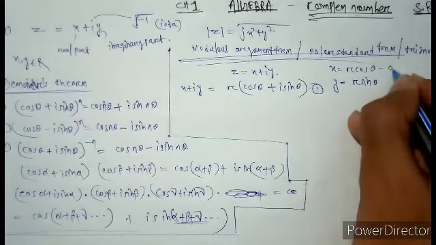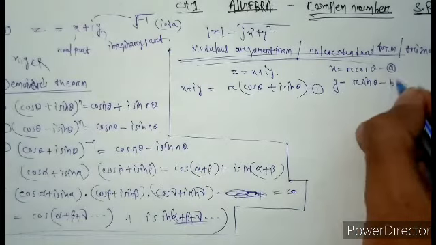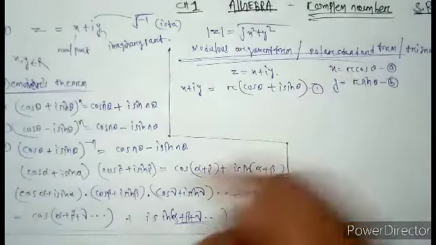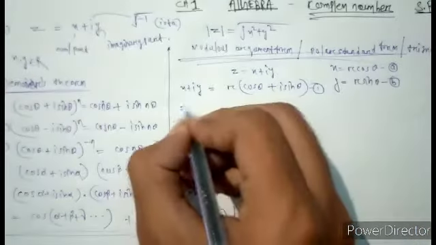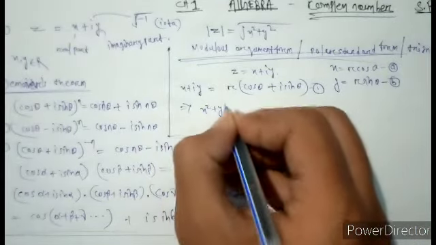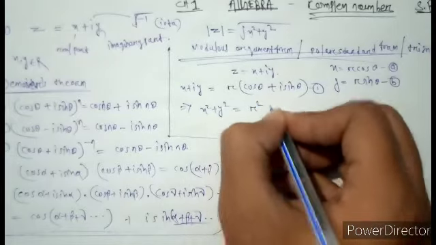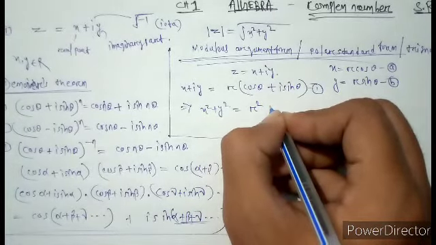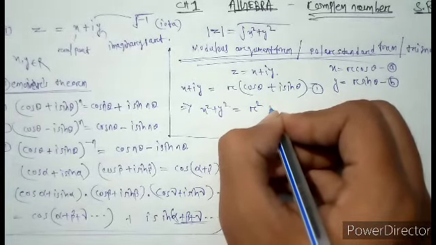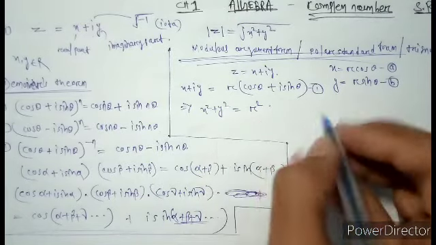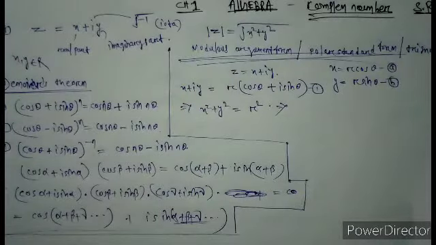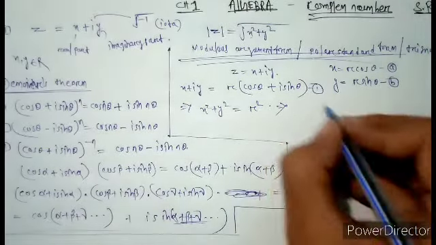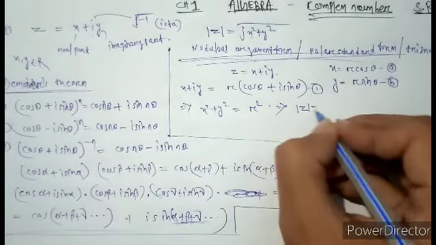Let us take these as equation A and equation B. Squaring both sides and adding them, we can write x square plus y square is equal to r square. Taking r square common, cos square theta plus sin square theta is 1, so we get r square. Also we know that the modulus of z is root over x square plus y square. So we can write the modulus of z is equal to r.